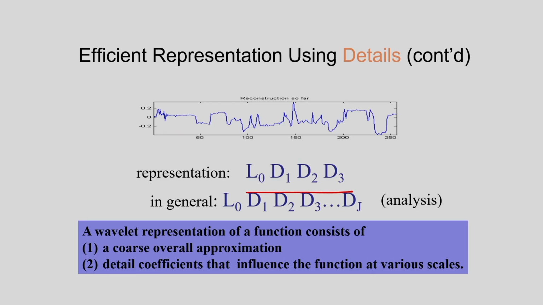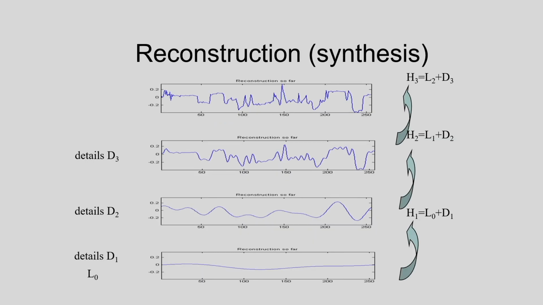I also have to consider detail coefficients that influence the function at various scales. You can see how to reconstruct the signal. In the signal, this is the low frequency information, and after this I am adding the detail information to the low frequency information, that is L0 plus D1, and by using this I want to reconstruct the signal.